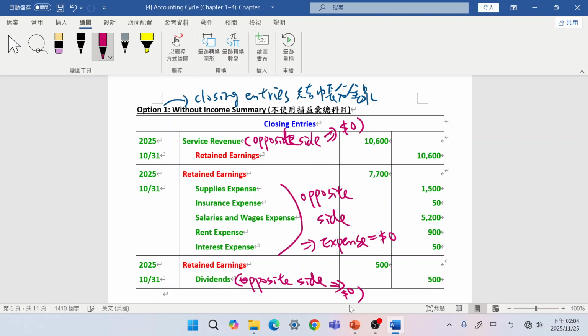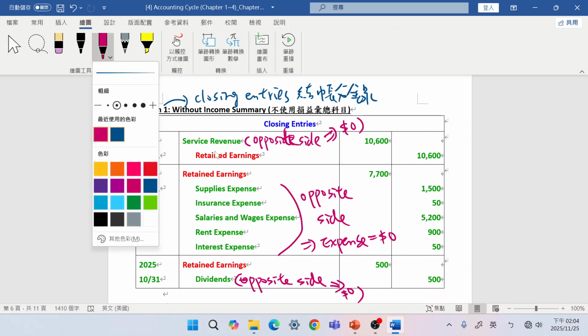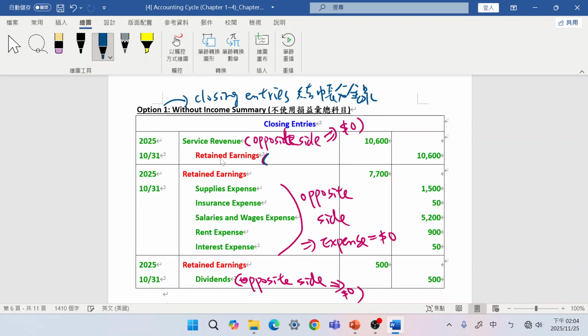Okay? So did you find out? There's our logic. Revenue, expenses, dividends. We make them become 0. Right now, we transfer the data to where? Retained earnings, right? So revenues will make your retained earnings increase on the credit side. So we put retained earnings on the credit side because revenue will make your retained earnings increase on the credit side.